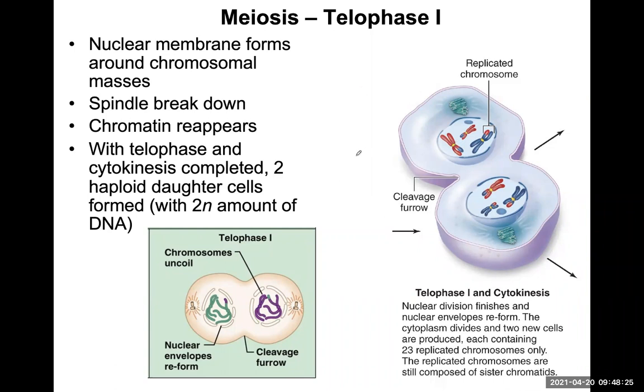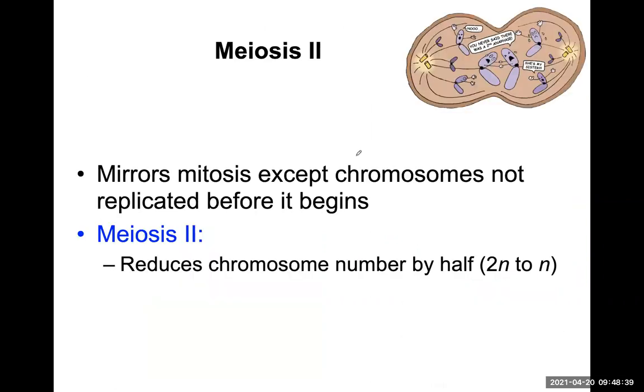Okay, so as soon as telophase 1 and cytokinesis are complete, those cells, those pre-gametes, immediately go into meiosis 2. Okay, and meiosis 2 is basically mitosis when you think about the way in which it occurs.